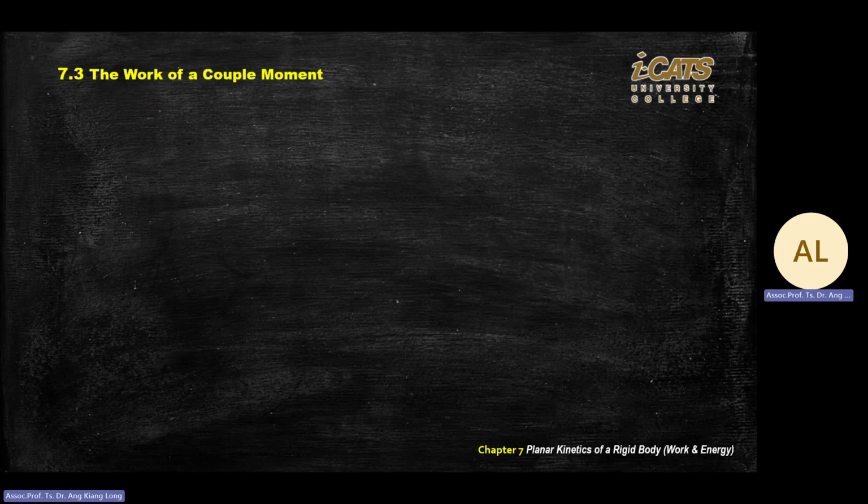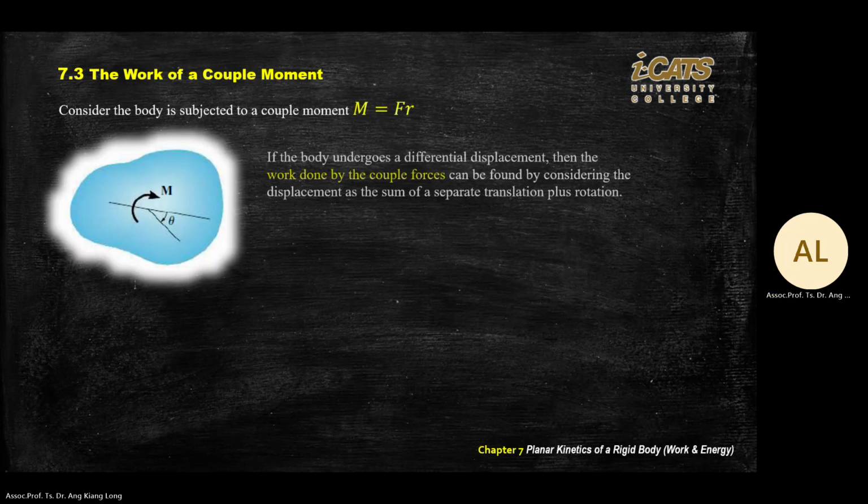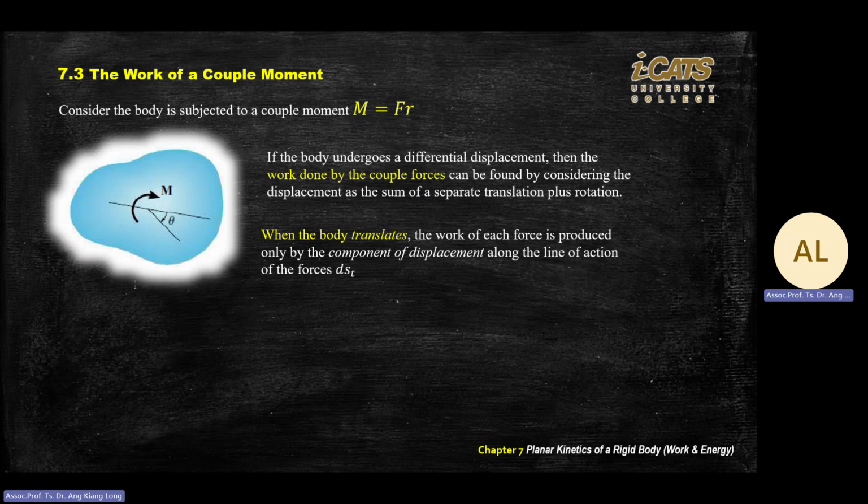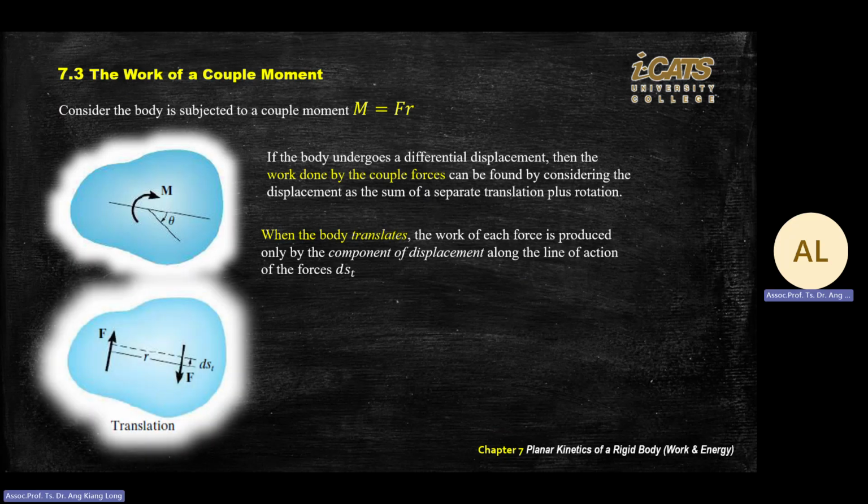Again, moment is force multiplied by perpendicular distance, F multiplied by D. If we have an object rotating like this, clockwise, you can transfer this moment to an equivalent diagram, where you mark the center of gravity at the center, and then you can transform this moment into two forces that rotate like this.